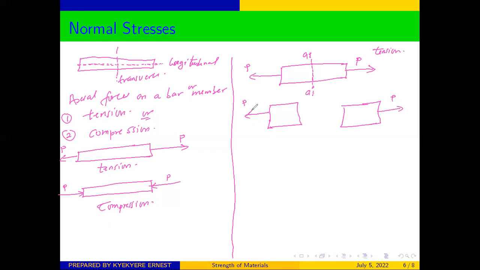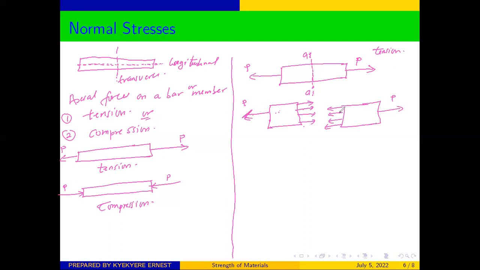Now, the force on this member is going to be distributed uniformly at the cut section here. Therefore, at this section, I'm going to get the load equally distributed, and the load equally distributed at this section also. Take note that always this distribution here will be opposite in direction to what is at this side.